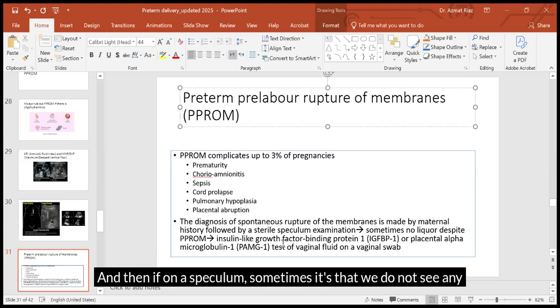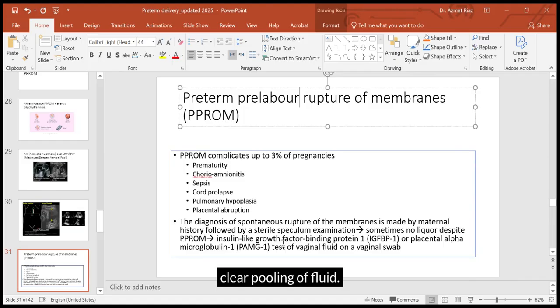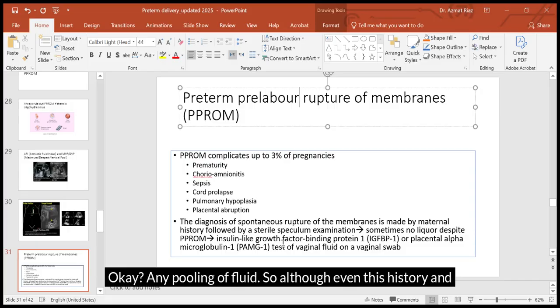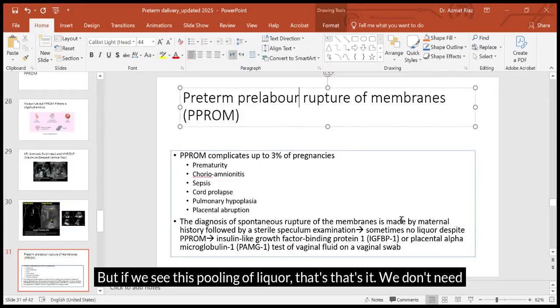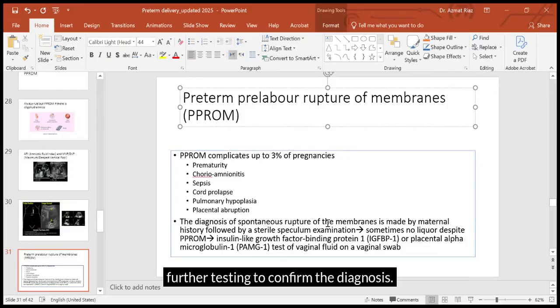And then on speculum, sometimes we do not see any clear pooling of fluid. So although the history and clinical features are strongly suggestive, then what will we do? We have a test actually. Okay, I will talk about it, but we can confirm that. But if we see this pooling of liquor, that's it, we don't need further testing to confirm the diagnosis.